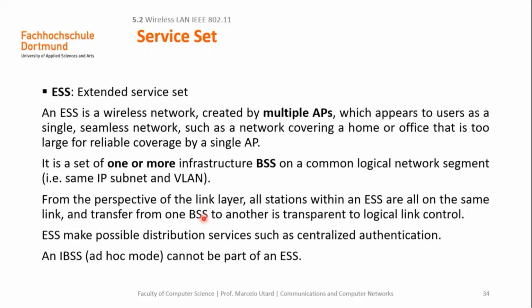For instance, for 2.4 gigahertz and 5 gigahertz. ESS makes possible distribution services such as centralized authentication, for instance, and an ad hoc mode, that is an independent BSS, cannot be part of an ESS. That is, the ESS is possible only with infrastructure BSS.